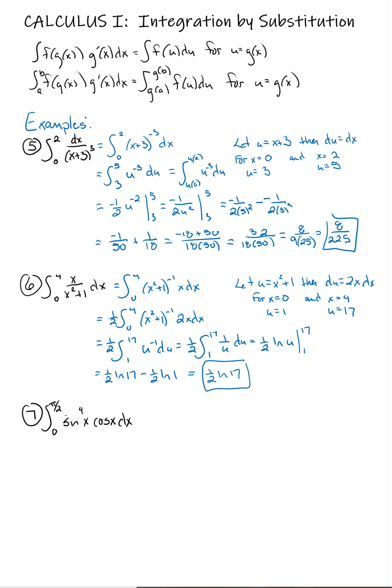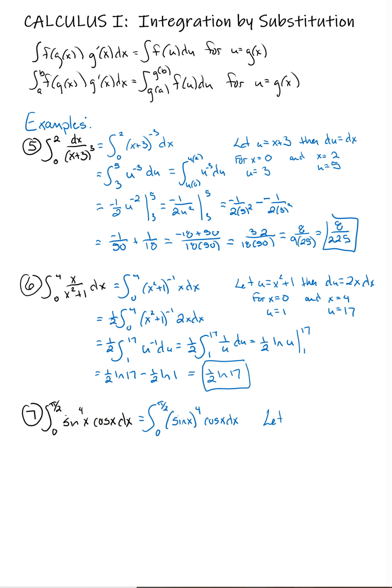All right, let's take a look now at example number 7. Hopefully my battery will hold out. Let's integrate from 0 to pi over 2 of sine to the 4th x cosine x dx. So I think the first thing I'll do is again just rewrite this so there's no confusion. This is sine of x to the 4th power cosine x dx.